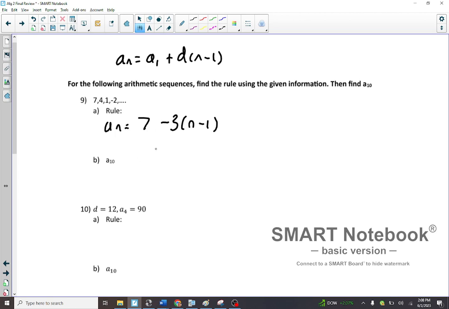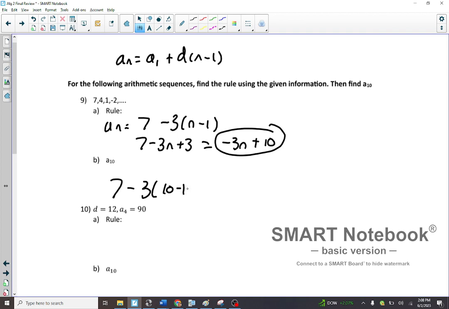So that's the general rule. When I want A10, because this is multiple choice, I'm going to have the simplified version. So 7 minus 3n plus 3, or the rule will look like -3n plus 10. In multiple choice, it will look like this. For A10, we're plugging in 10 into the equation. 7 minus 3 times 10 minus 1, a little bit of algebra, -20.